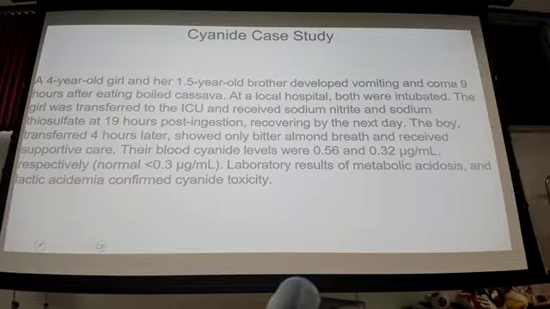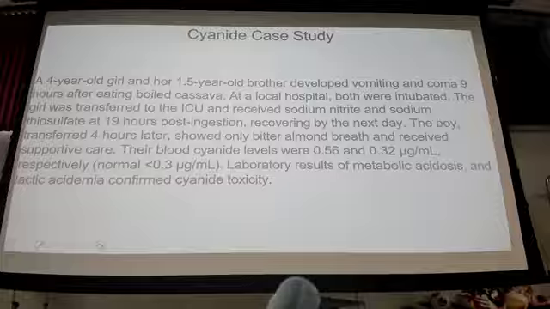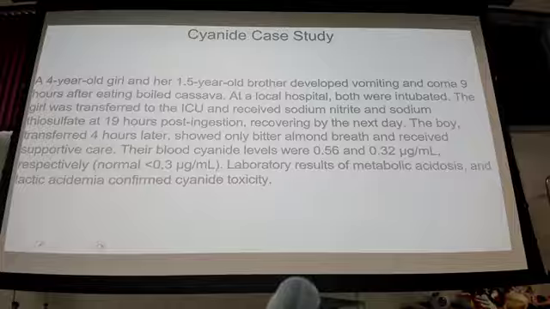That is a common chemical smell produced by cyanide, but only about 50% of the population has the genetics that's able to smell it, so not everyone will smell that bitter almond smell. So the boy also received supportive care.